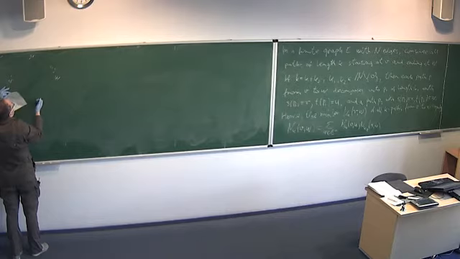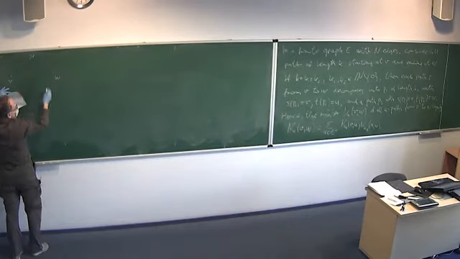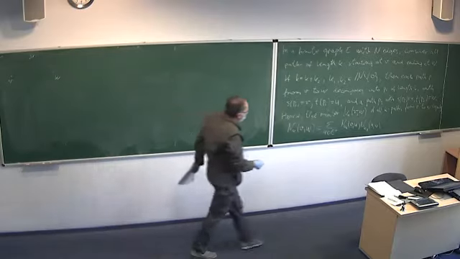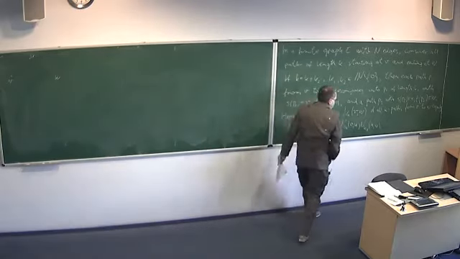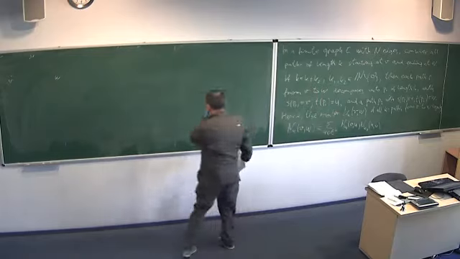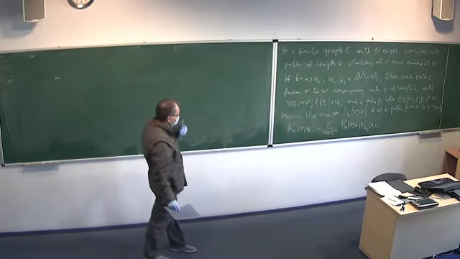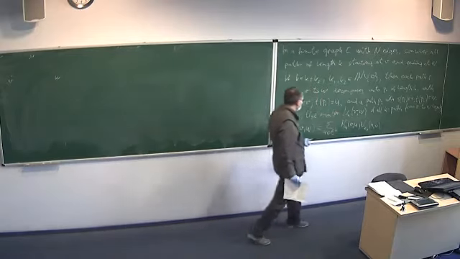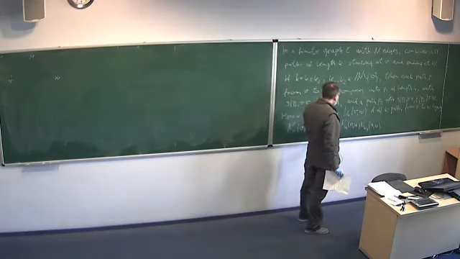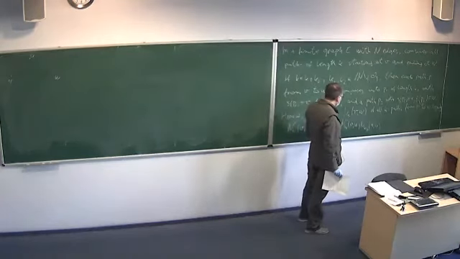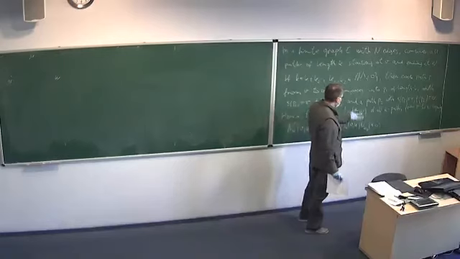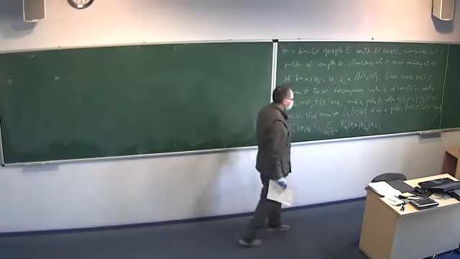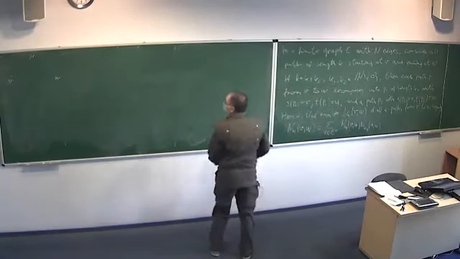But if we don't have such factorization, it means that either we don't have any paths here of length k1, or we don't have any paths here of length k2, which means that one of these two numbers here is 0. And so effectively we sum over all vertices such that such factorization into paths of length k1 and k2 occurs. Okay, so the formula is correct.